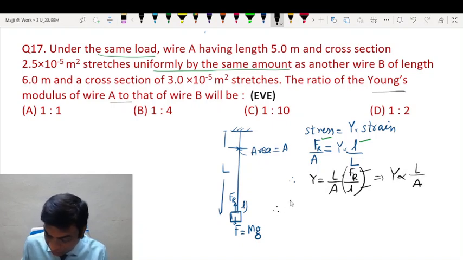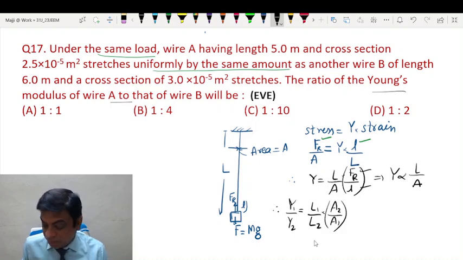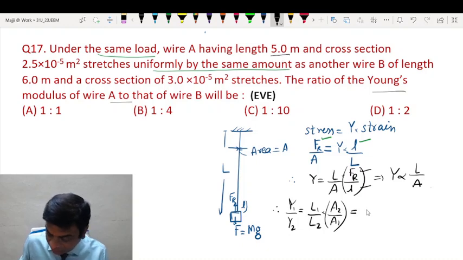So accordingly, the ratio of Young's modulus will be the ratio of their corresponding lengths upon A2 by A1, because it is inverse. So L1 by L2 is how much? L1 is 5, L2 is 6.